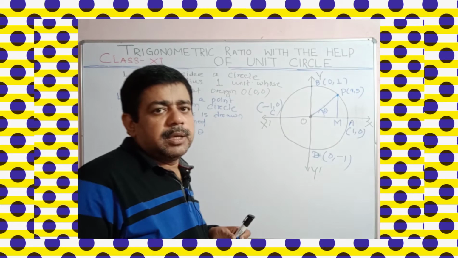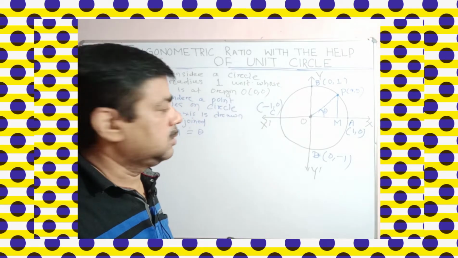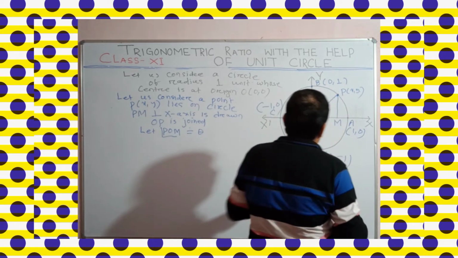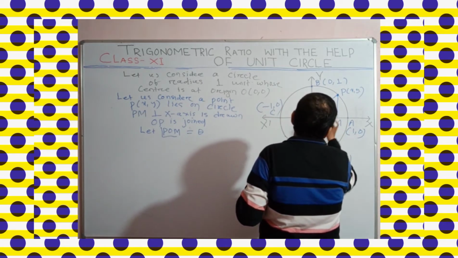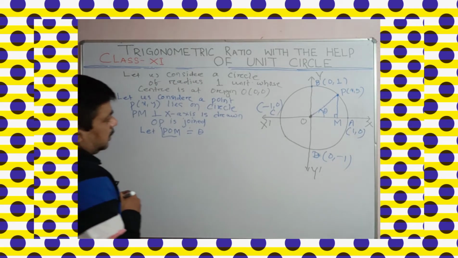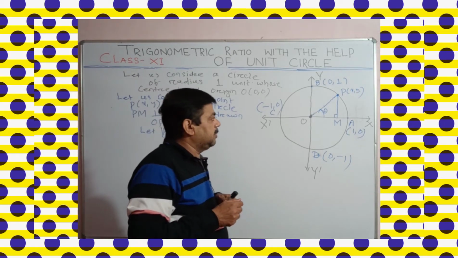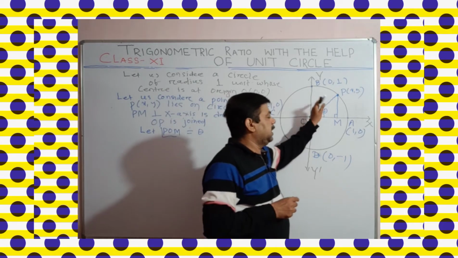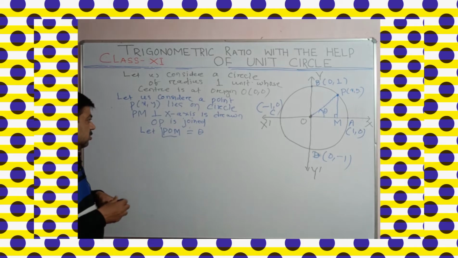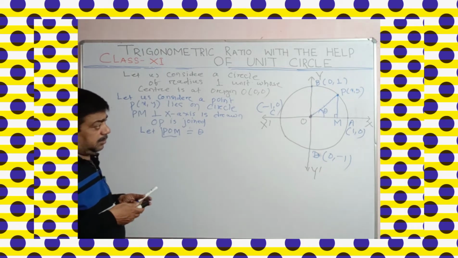Here OMP is a right angle triangle, so we find the trigonometric ratios of angle theta in the right angle triangle OPM.